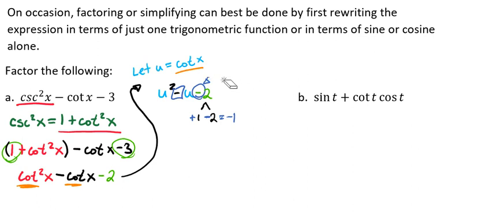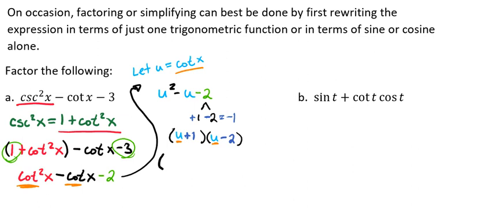So let's continue on with factoring this. We now have our u's, and we're going to have a +1 and a -2. And now we just need to plug back in the fact that our u's are really cotangents.